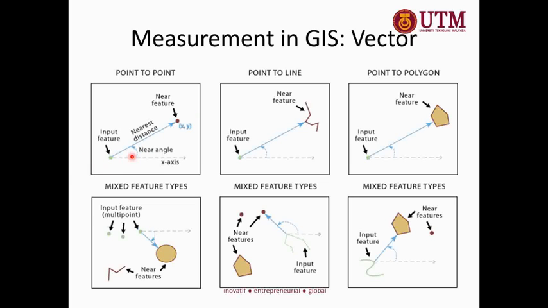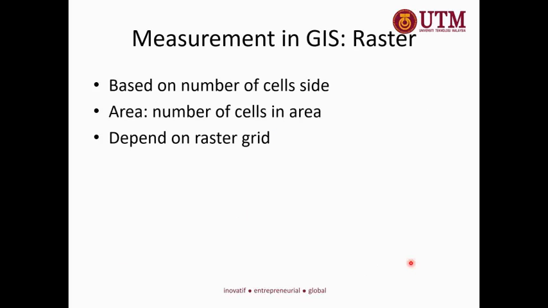With the input feature and the near feature, you can get the distance from this point to the closest polygon or the closest line, the touching area. If you have multiple points, you can get the distances also. So this is the basic for length measurement.